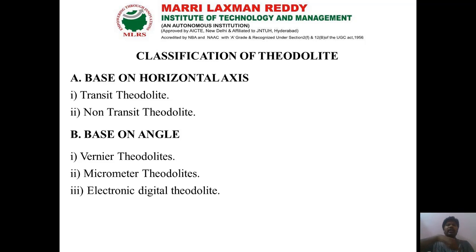If not rotated, then it is called non-transit theodolite. Then next, based on angle, we have some angular measurements. The first one is Vernier theodolite, the second one is micrometer theodolite, and the third one is electronic digital theodolite.